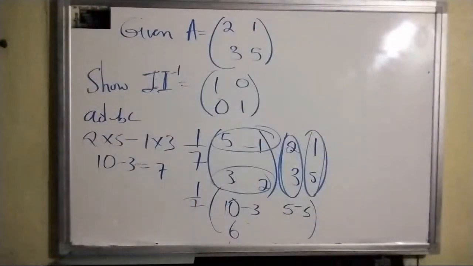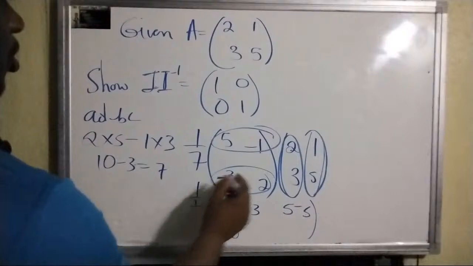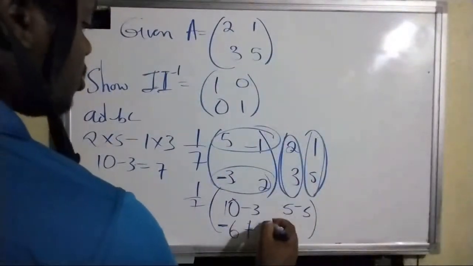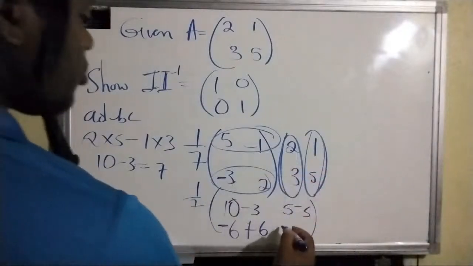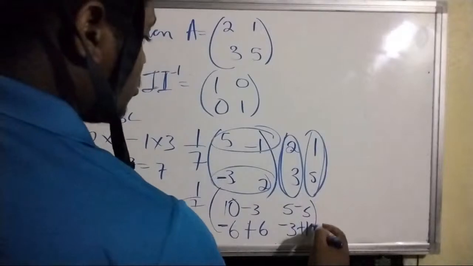Oh, this was supposed to be negative 3. Sorry. As I was wondering, 3 times 2, negative 6. Plus 2 3s, 6. Negative 3 times that, negative 3. 2 times 5, 10. Alright.